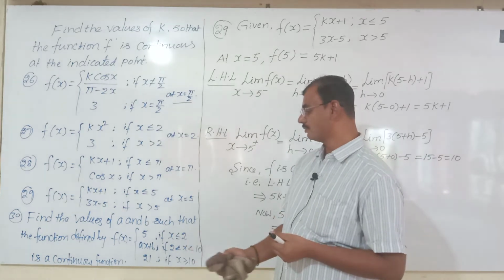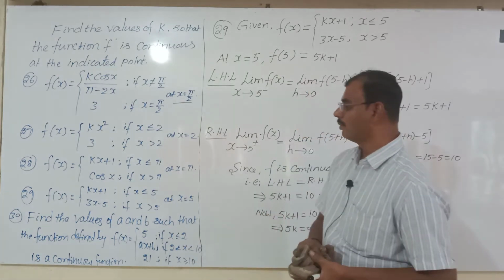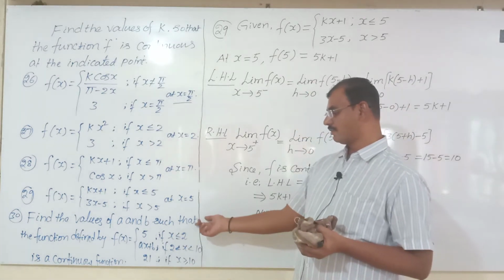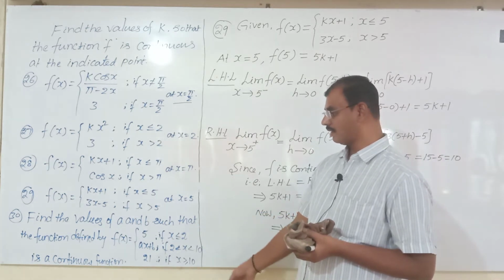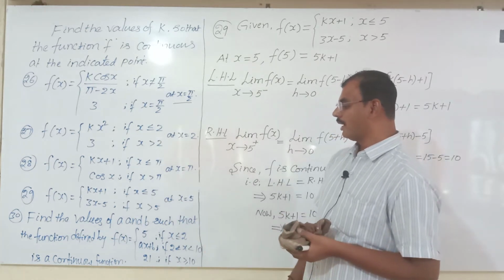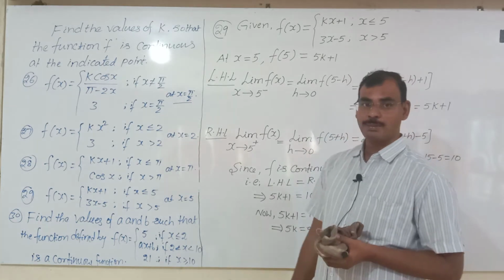Problem number 30, the 30th problem. First of all, read the question. What has he given in the statement? Let us see. Find the values of a and b.